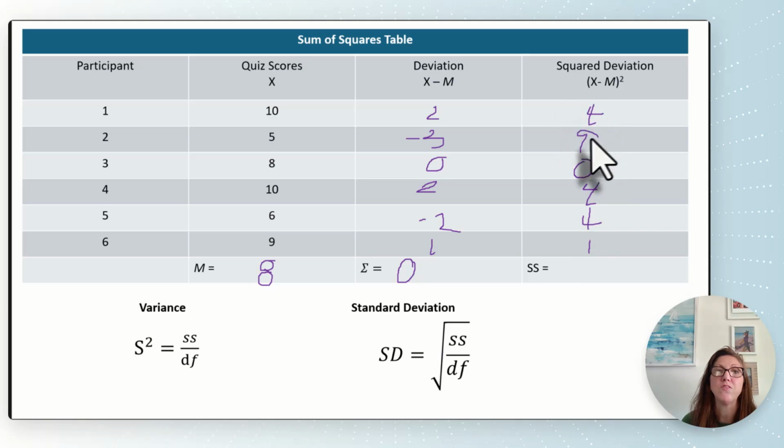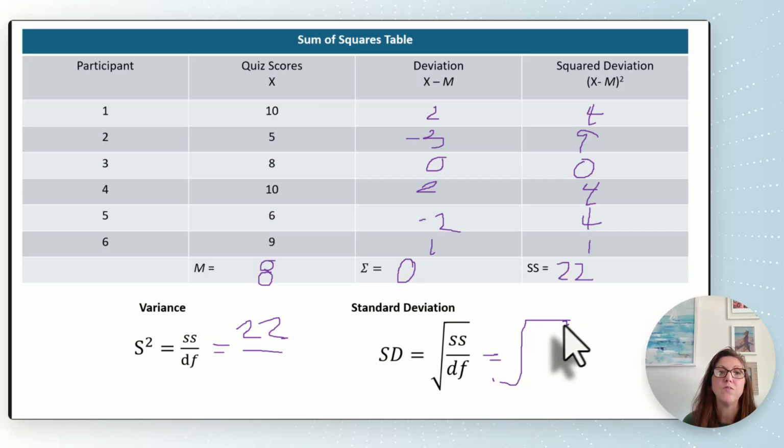So 4 plus 9 plus 0 plus 4 plus 4 plus 1 is 22. So that's our sum of squares. We can see that the sum of squares is in the numerator for both variance and standard deviation. So we're going to put 22 into the numerator. This is going to be the square root of 22.